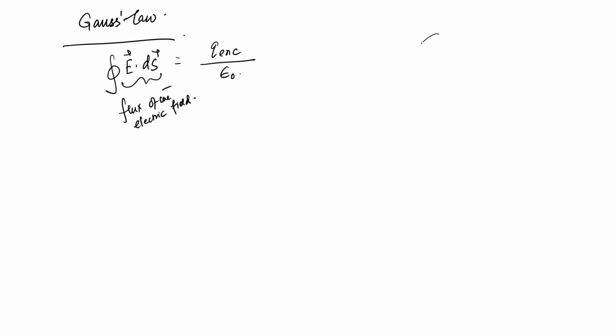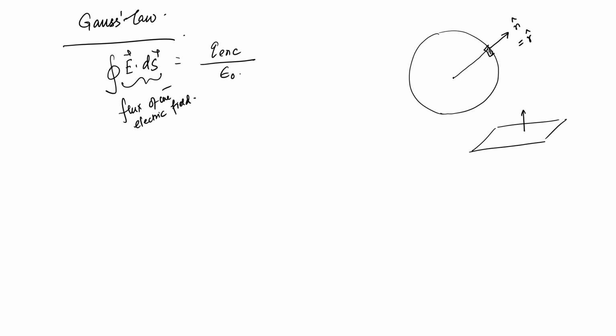So, suppose we talk about a sphere and want to calculate the n cap. The n cap is in this direction, so there is an element of surface say dS, and the direction is the unit drawn normal. For a sphere, this becomes the same as r cap, which is a radial vector. But say you take a flat sheet and you want to calculate dS, that is the outward drawn normal.